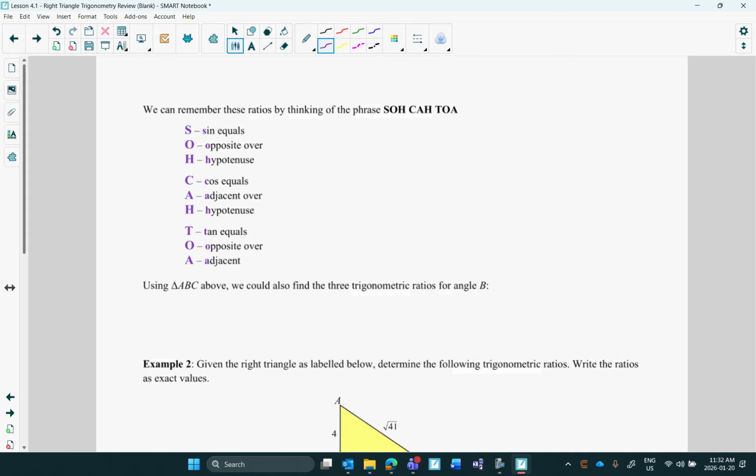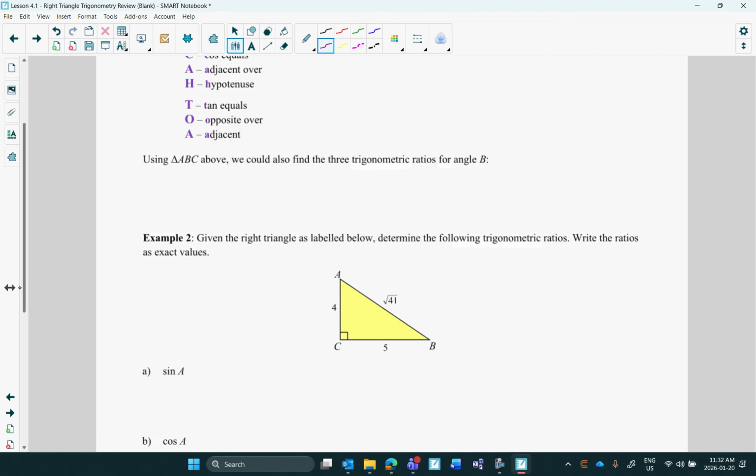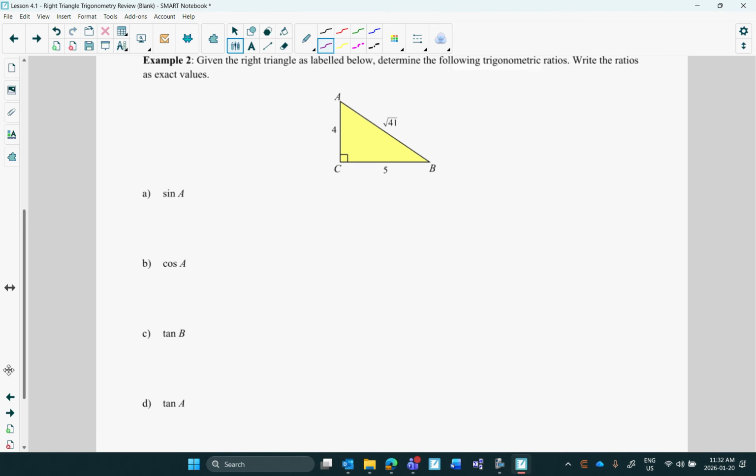Okay, so what if I actually give you the lengths of the sides and ask you to find the ratios? We're not asked to find the angles here. We're just asked to find the ratios of certain acute angles. So what would be the sine of A? Opposite over hypotenuse, 5 over root 41.